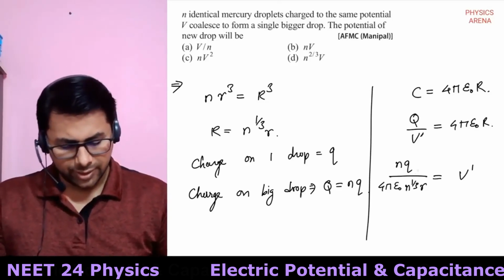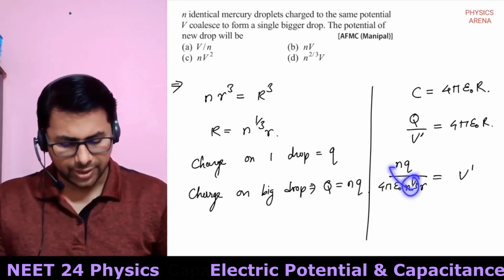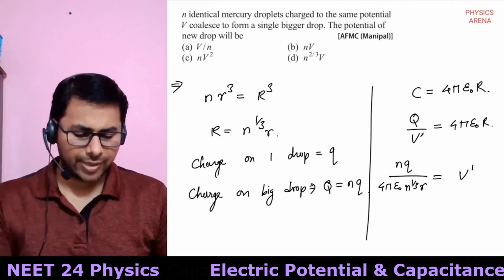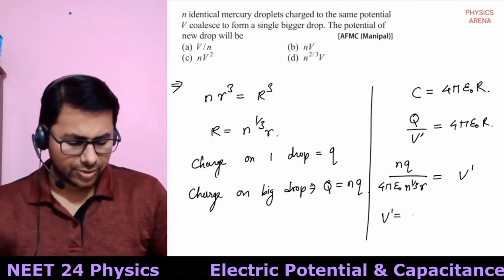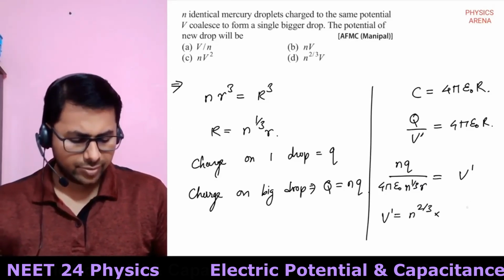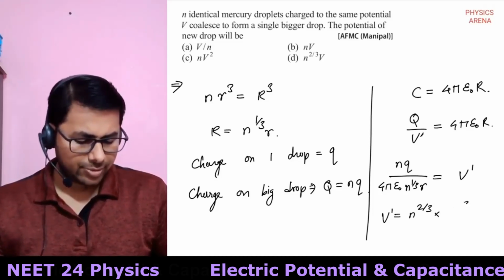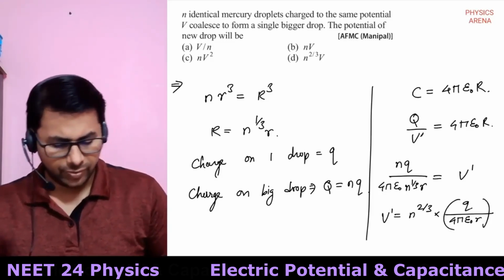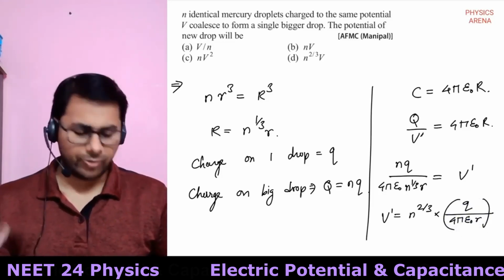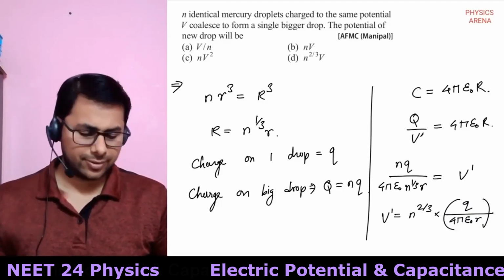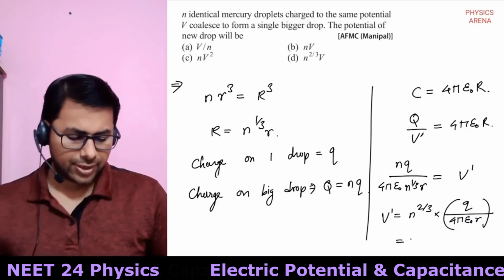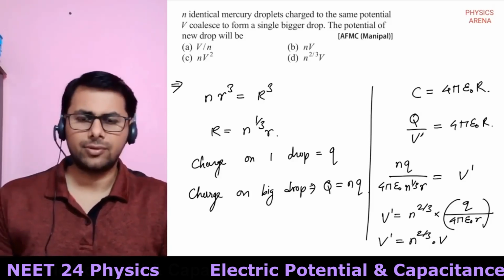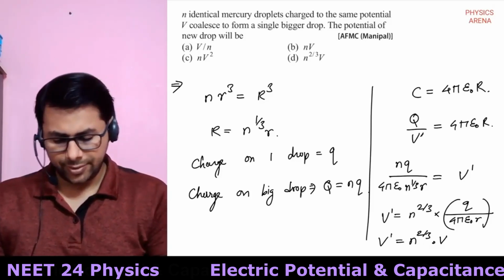Then you have n raised to 1 by 3; take it in the numerator and it becomes minus 1 by 3. So you have n raised to 2 by 3. V dash is equal to n raised to 2 by 3 times q upon 4 pi epsilon naught r. This thing is the potential on the small drop, 1 upon 4 pi epsilon naught q upon r, right? So it is equal to n raised to 2 by 3 times V. So this thing is clear.